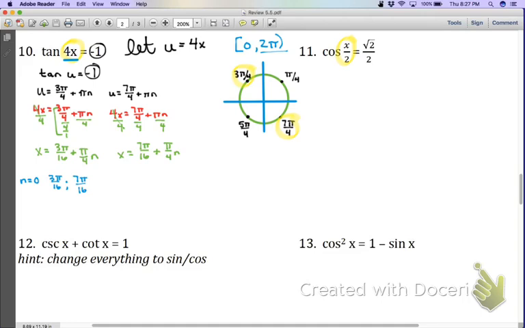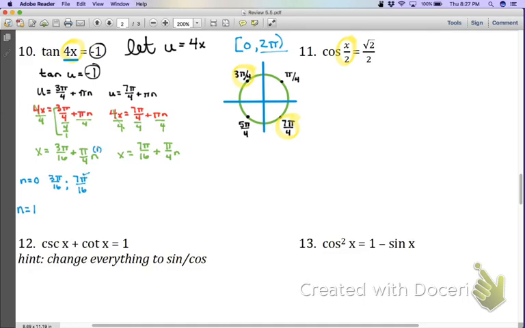I'm going to do the same thing with n equal to 1. So I'll have 3 pi over 16 plus 4 pi over 16 essentially. That's going to be my 7 pi over 16 again, which I already have.